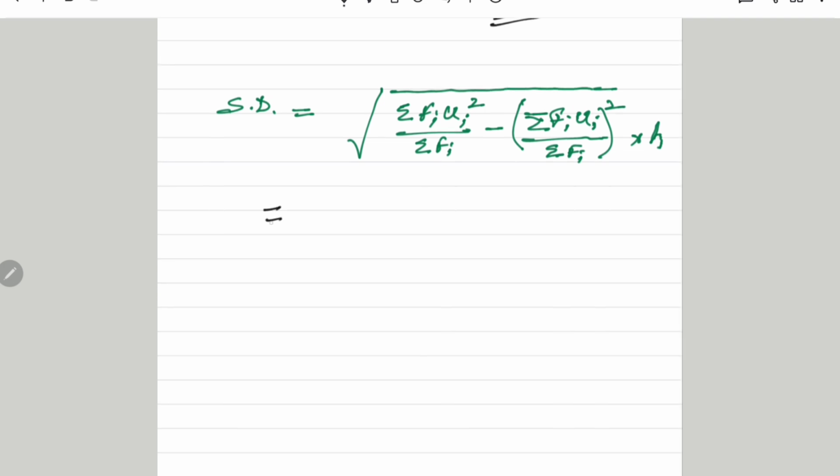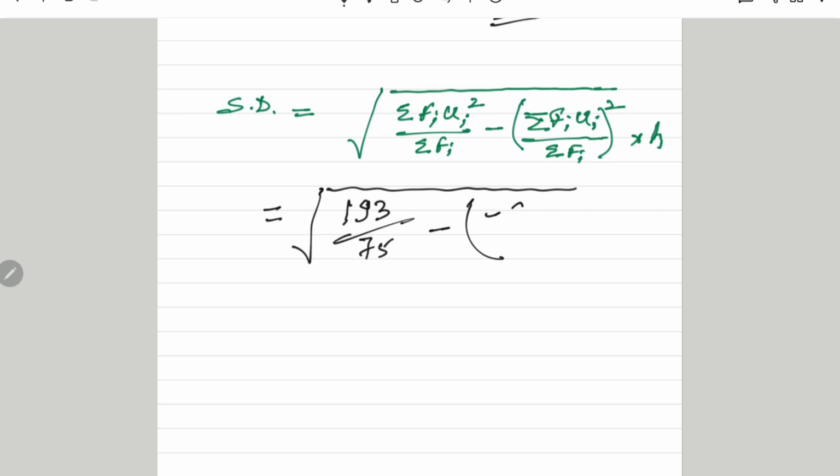Therefore, using the values from the table, we get sum of fi ui square is 193, sum of fi is 75, minus summation of fi ui is minus 9, again divided by 75, and that bracket raised to 2 and multiplied by 5.